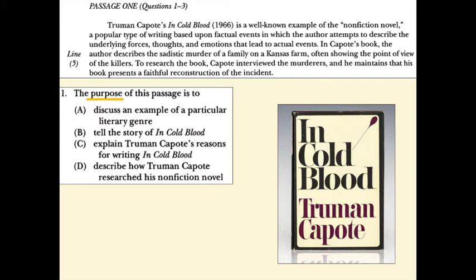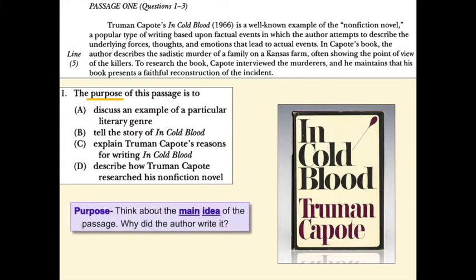Number 1, the purpose of this passage is to. Okay, so it's a purpose question. That means we need to think about the main idea of the passage and think about why the author wrote it. So let's read the first sentence.